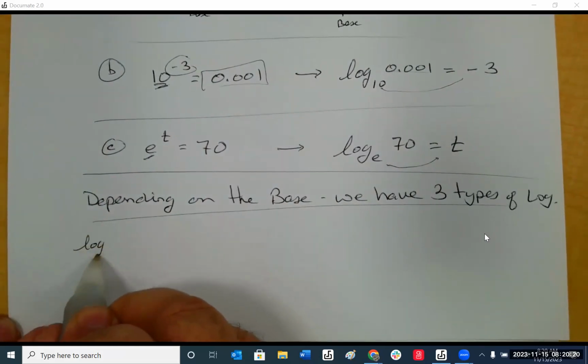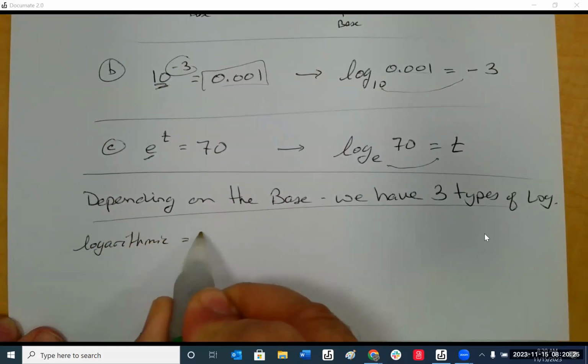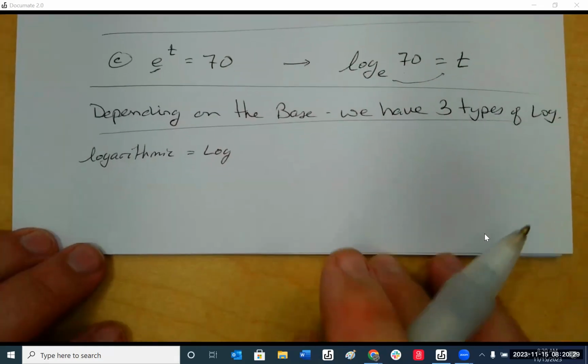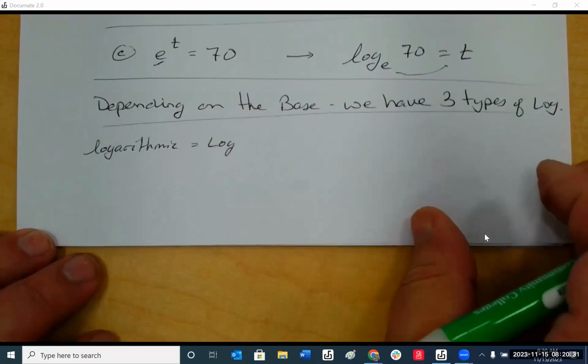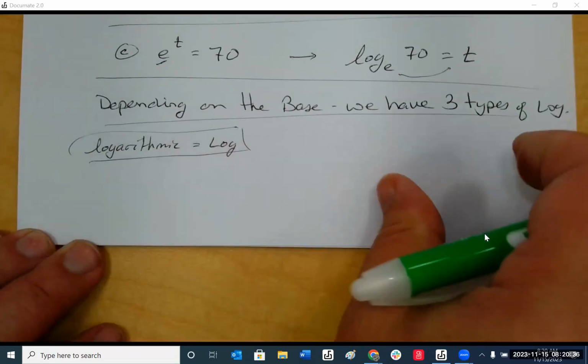So instead of typing logarithmic, we simply type log. Here are the 3 different types.